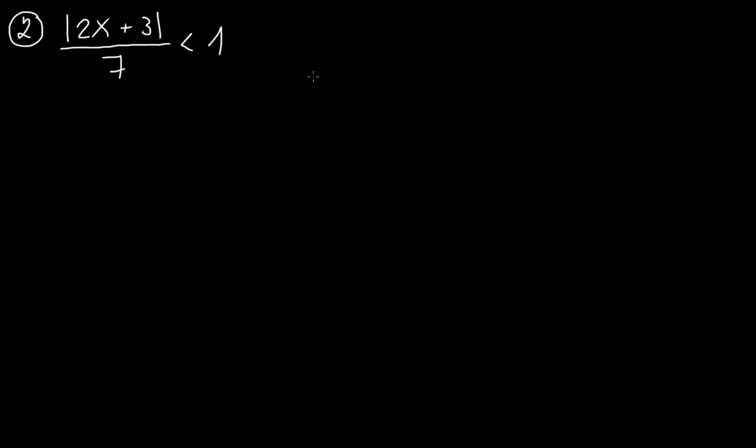So the first trick up our sleeve is that I don't need this fraction. I'll just simply put it on the other side. So we will rewrite our inequality. We simplify, always simplify when possible. It's smaller than 7.